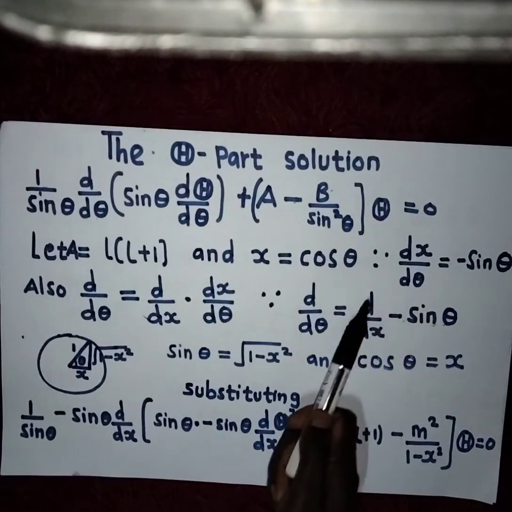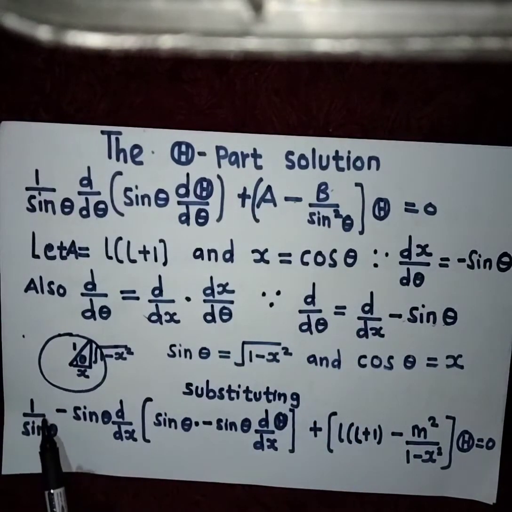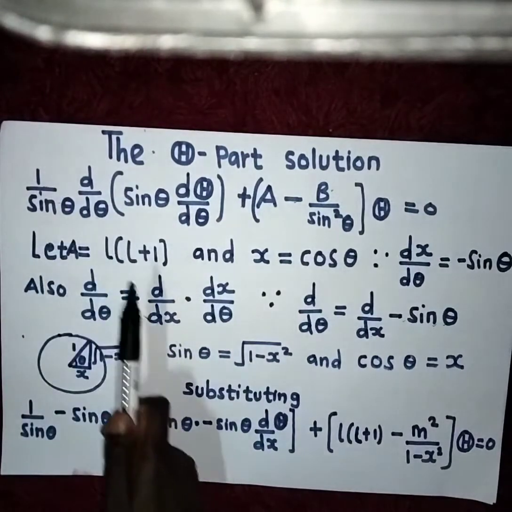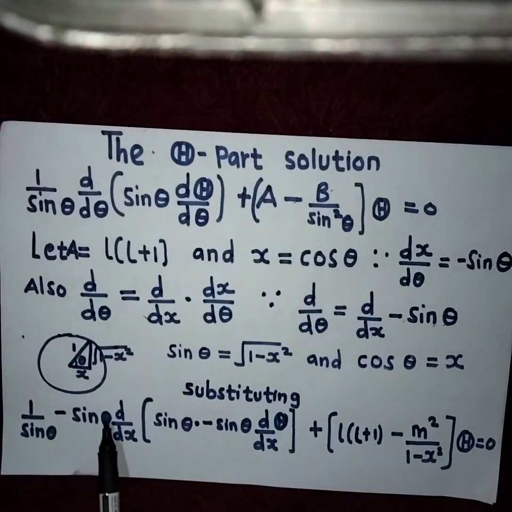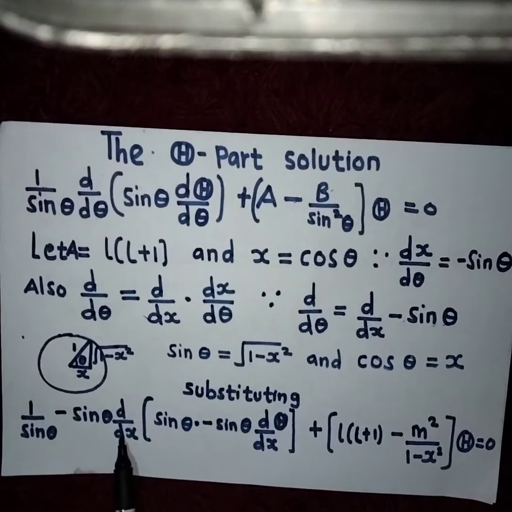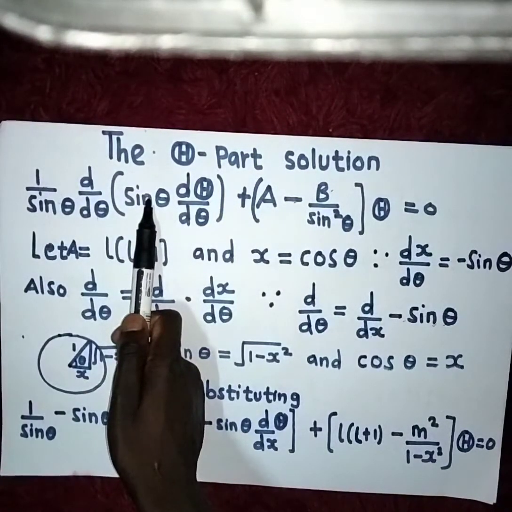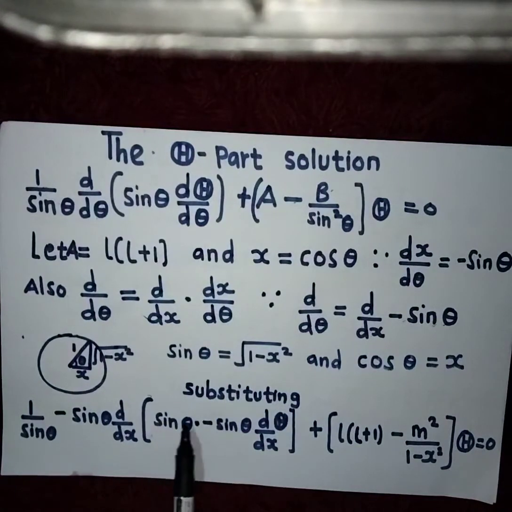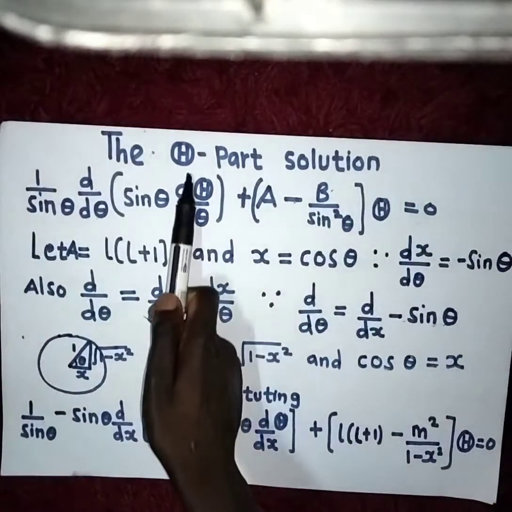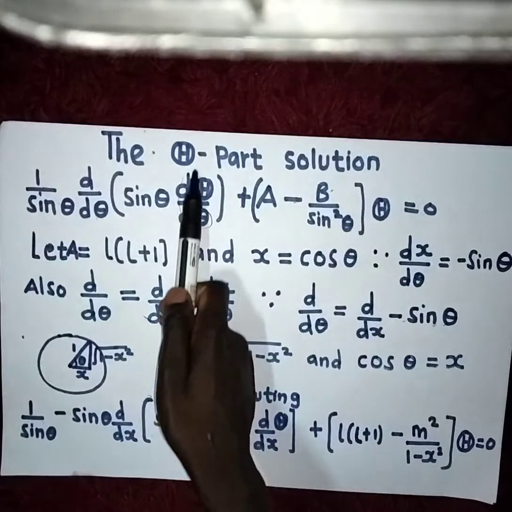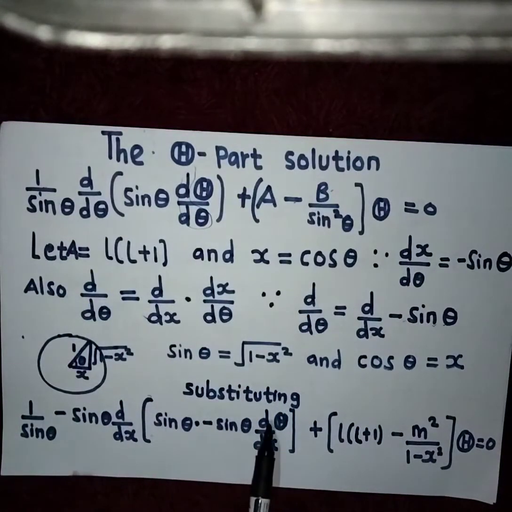So I have 1 over sine theta, then d theta will be negative sine theta d dx into sine theta. This also I won't replace. I have sine theta dot d theta, just this part here. I have d theta the same as negative sine theta d dx.